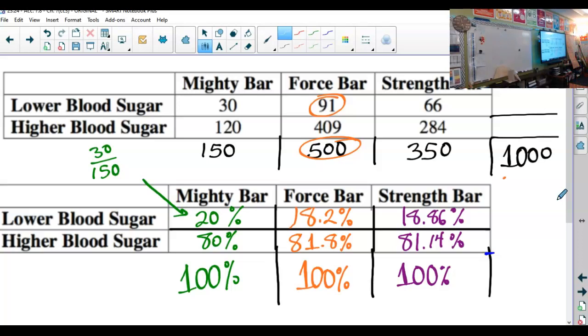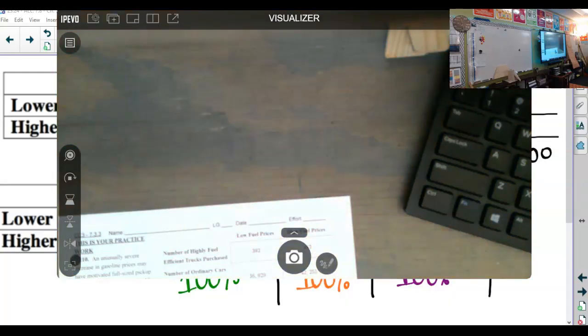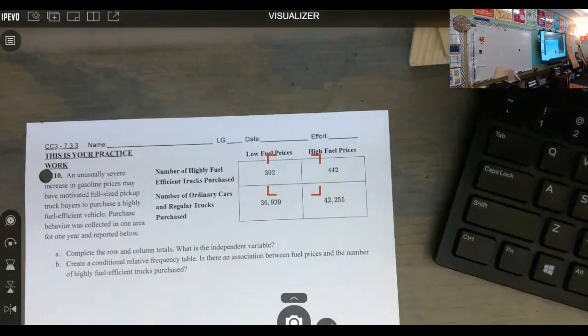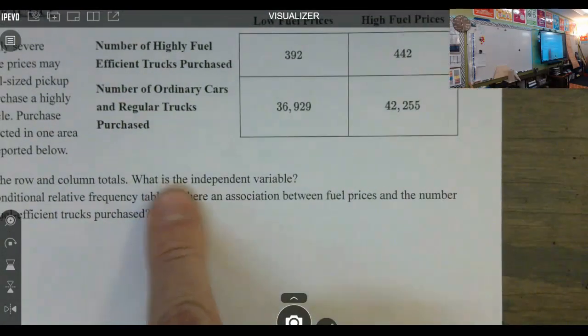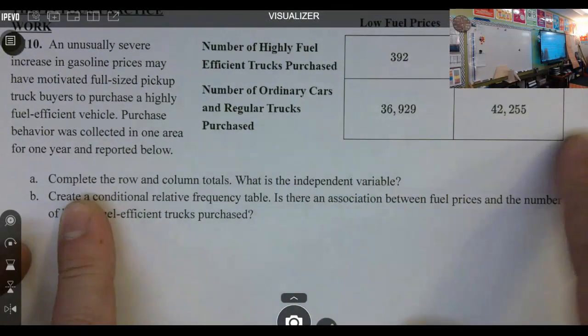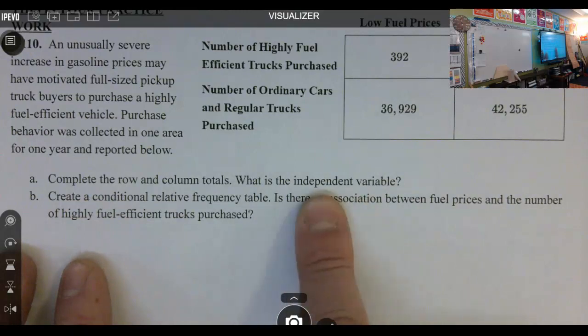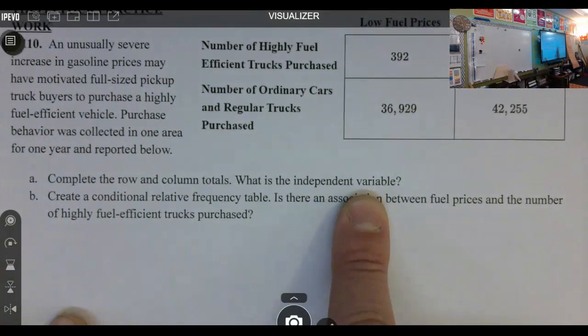If you quickly look at your homework paper, what is the independent variable? What are you in control of? That is part of question A. You're going to complete totals for both directions, but then you need to determine what the independent variable is, because that is going to tell you where to make the 100%.